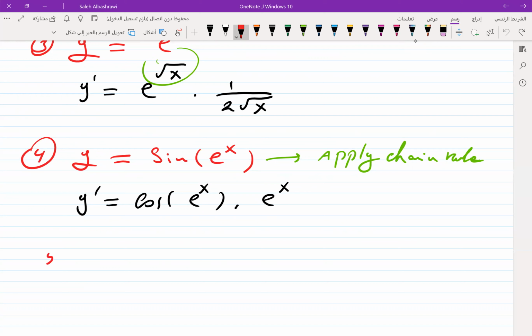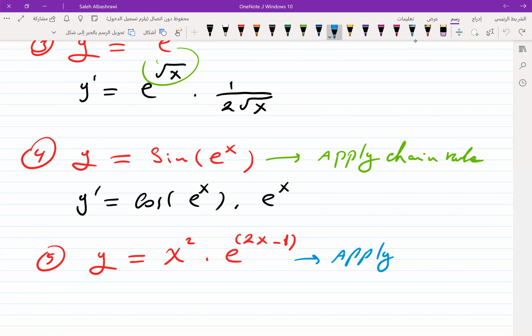Number 5, y equal to x squared multiplied by e to the power 2x minus 1. Since we have multiplication of two functions, we must apply the product rule. That is f prime g plus g prime f.